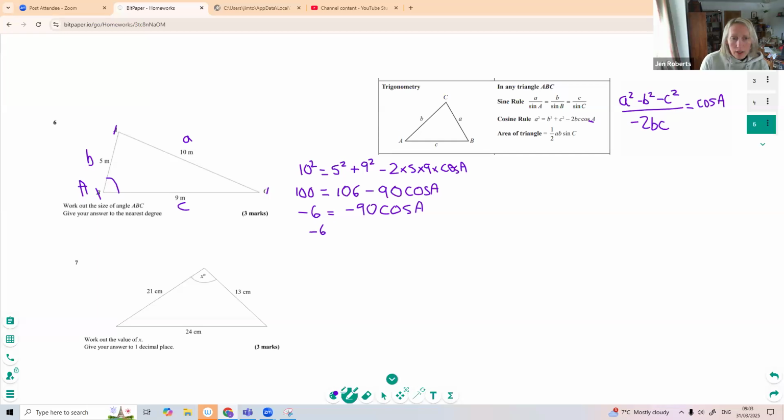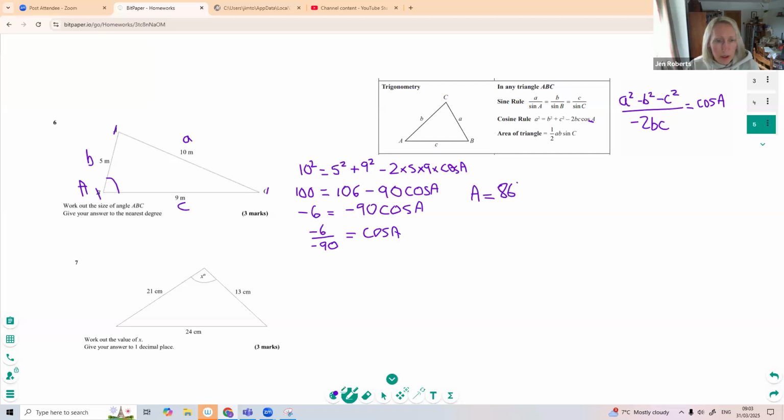I'll leave it as a fraction. It actually gives you 1/15. It does give it to you as a decimal. Keep it on your calculator and just cos to the minus 1. So if I cos to the minus 1 both sides, to the nearest degree, I get 86 degrees.